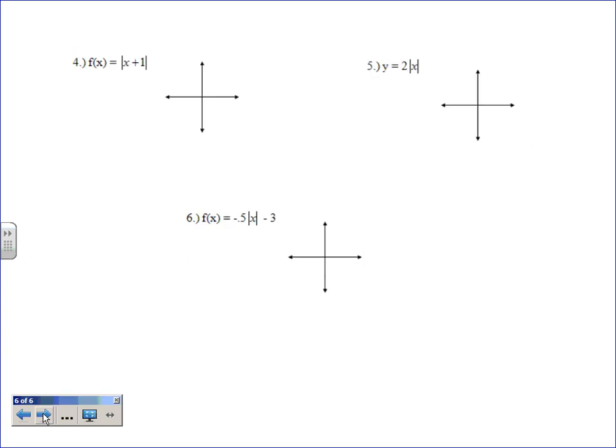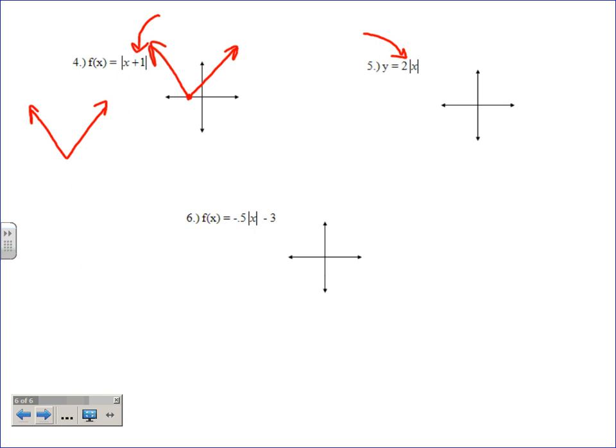We'll see what happens. Parent graph is now the V. Well, that +1 is on the inside. So move it left 1. Move it left 1, put in your V. Uh-oh, it's a 2. In fact, we're going to do this one. I'm going to save number 6.